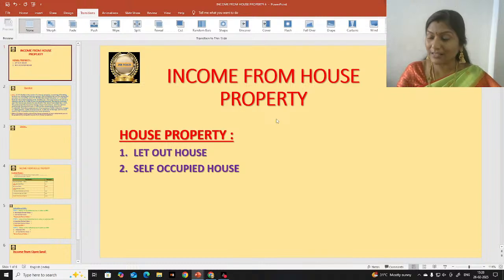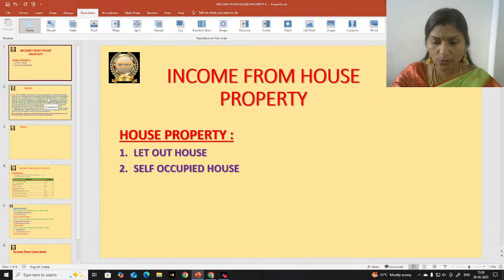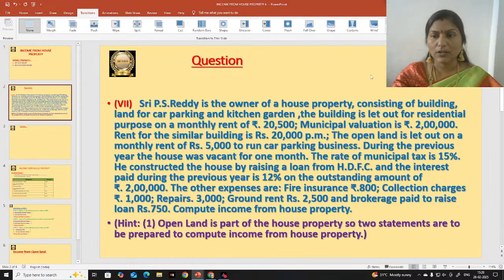Now in this class we are going to learn the solution in case there is vacancy loss, a vacancy period, for the house. How to deal with that point and how to calculate income from house property. Let us go to the question once.